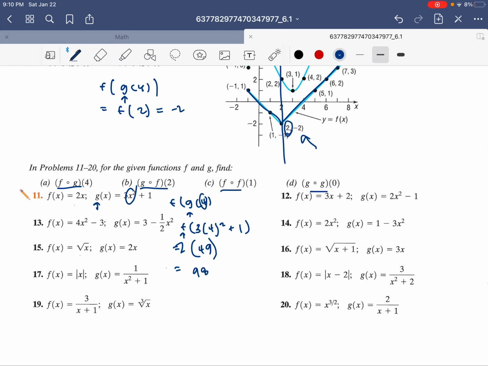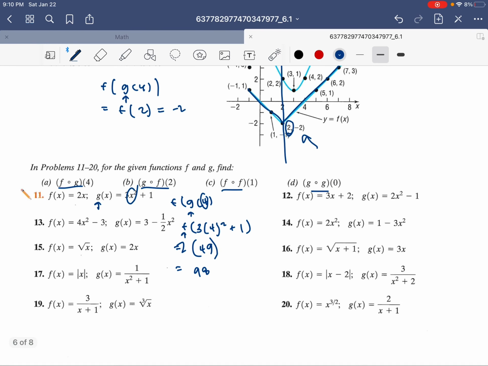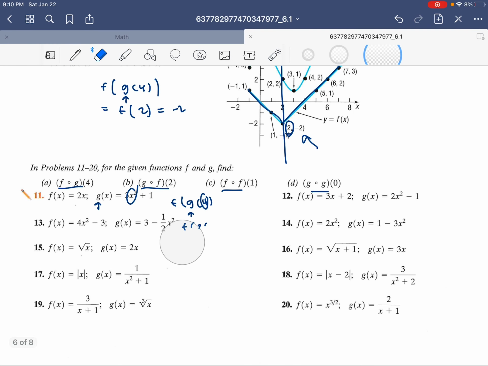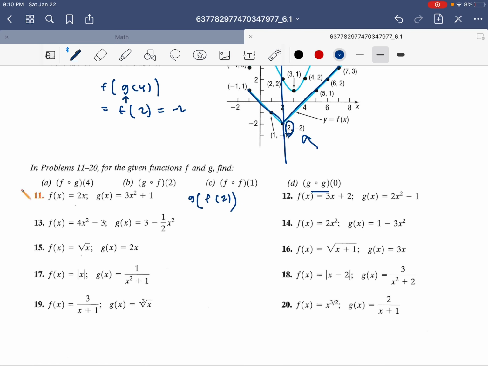Okay, so we're going to have to do that for everything else. So let's do g of f(2). You're going to look at f here, and plug this x into here.